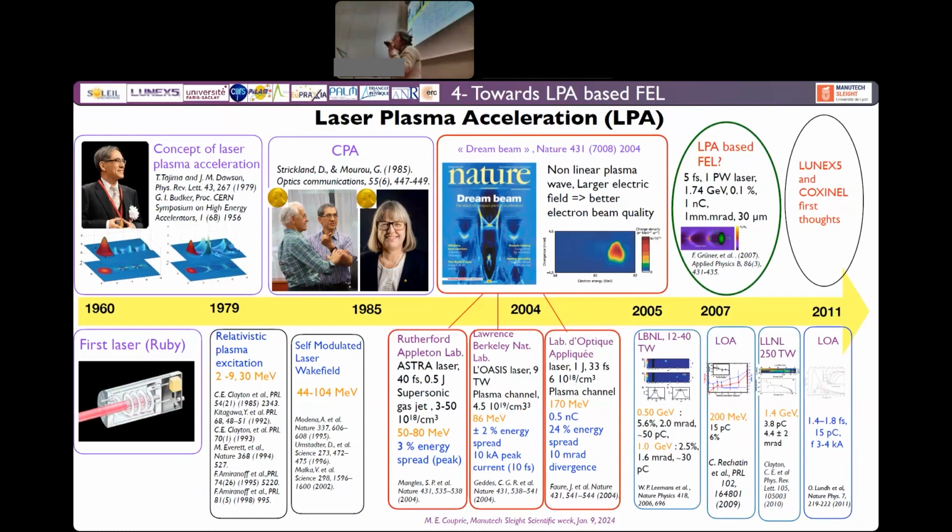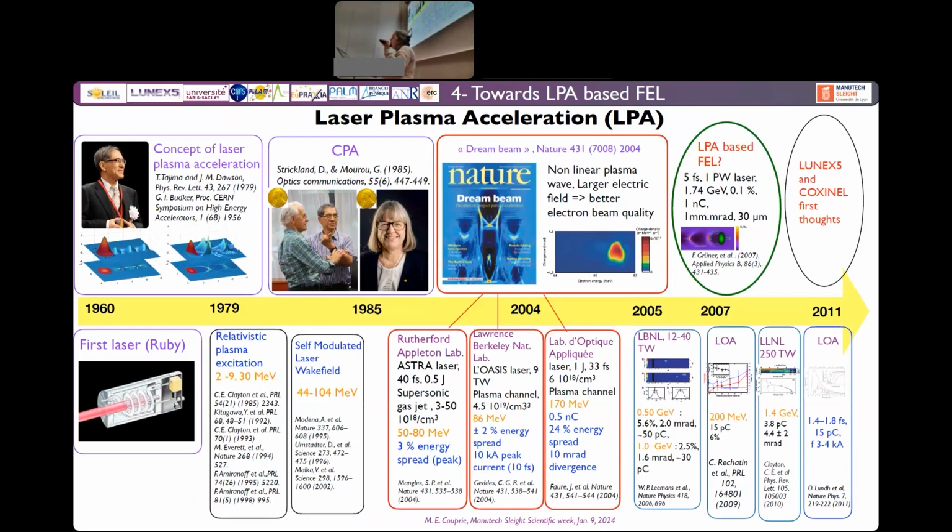Then a big change for the laser was the invention of chirped pulse amplification by Donna Strickland and Gerard Mourou, which enabled high power lasers. And then came 3 main results from 3 different groups published in Nature, and the volume was called Dream Beam.